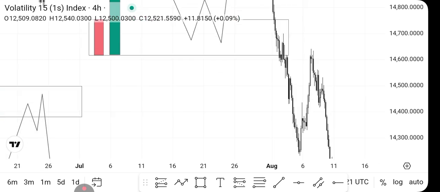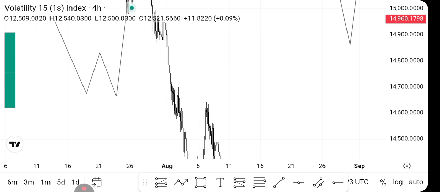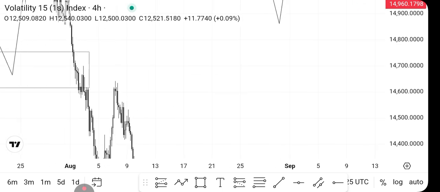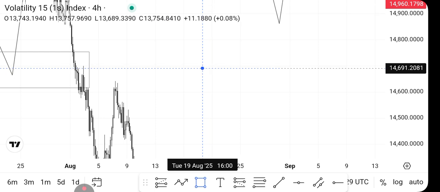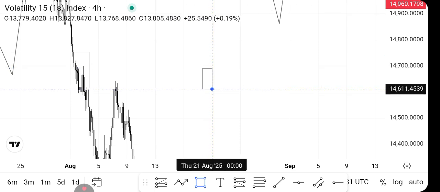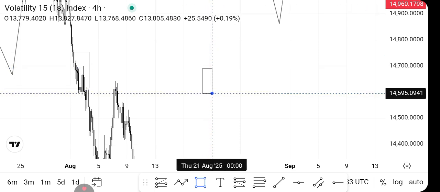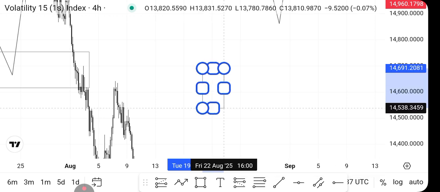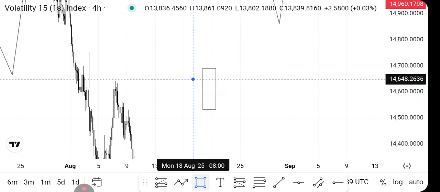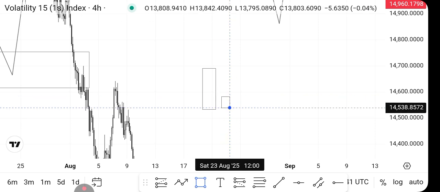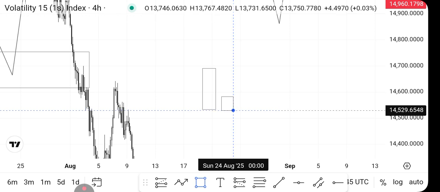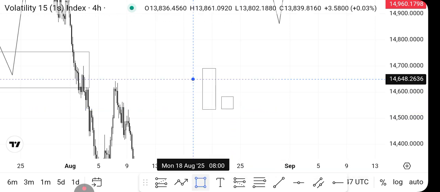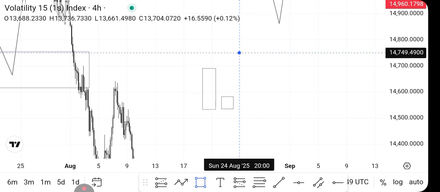Now, there are other blocks that you can find, which are the morning star and the evening star. The morning star is this way. You have one bearish candle and two bullish candles, like this.